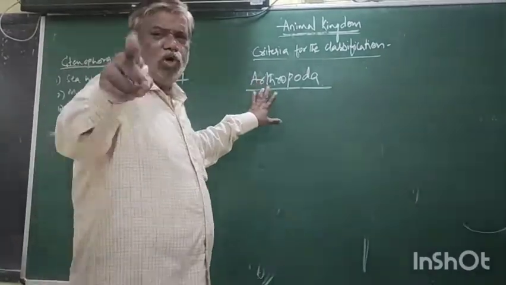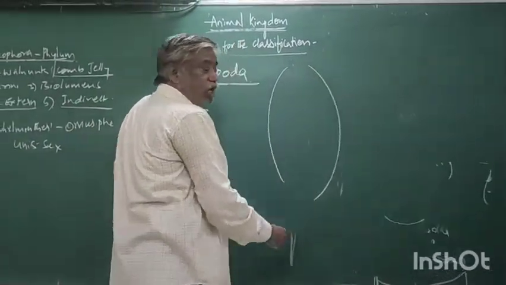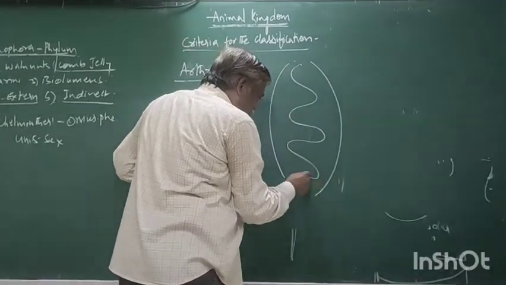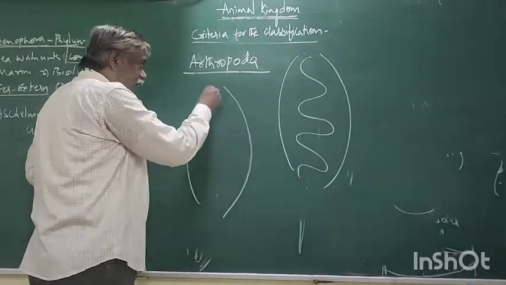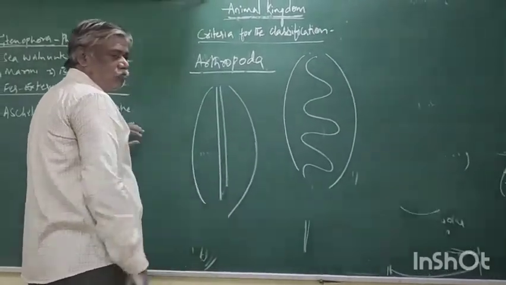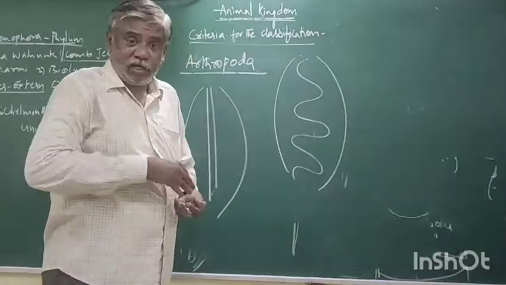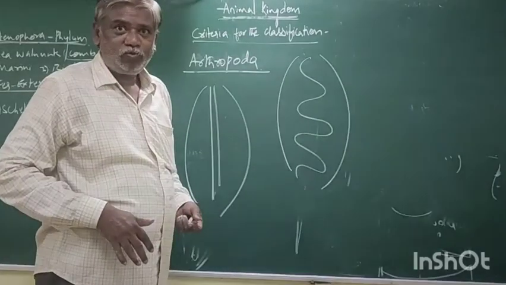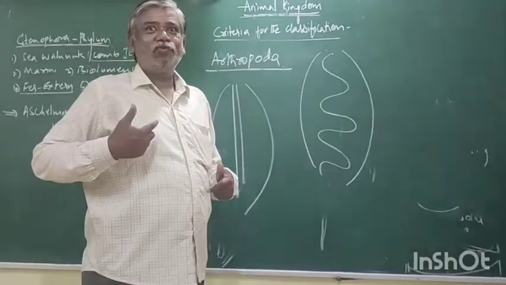Now, the most important in Arthropoda: the alimentary canal is coiled. In Annelida, the alimentary canal is straight. Why is it coiled? Because the length of the alimentary canal is more than our body.